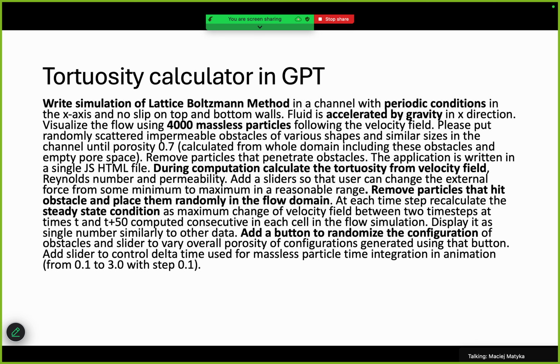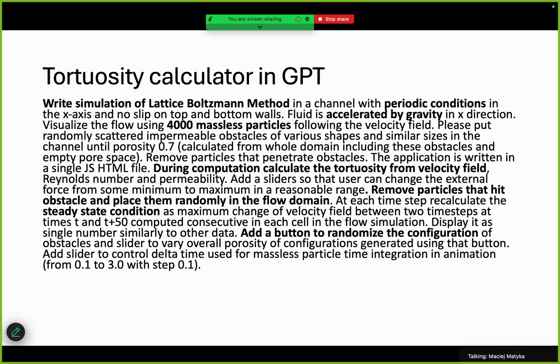Now, why is this a single prompt? Why do I have information about the right simulation of lattice Boltzmann in periodic boundary conditions, accelerated by gravity, with particles? Then there are some details. I just make it bold where something important is there. So during computation, calculate tortuosity from the velocity field, because there are two ways of computing tortuosity.